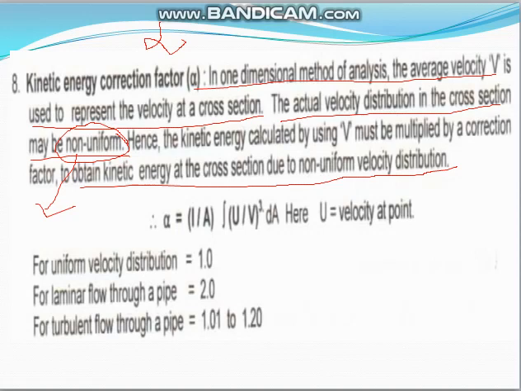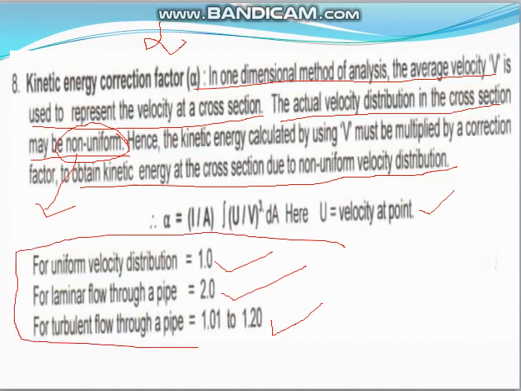Here we can see the equation also. Alpha is equal to 1 by A times the integration of (u by V) whole cube dA. Here u is the velocity at a point. For uniform velocity distribution, the kinetic energy correction factor is 1. For laminar flow it is 2. For turbulent flow, 1.01 to 1.20. For the GATE examination, these values are very important.